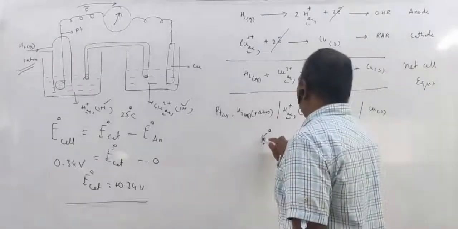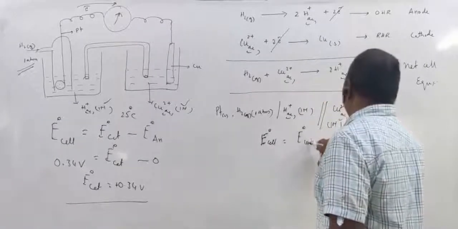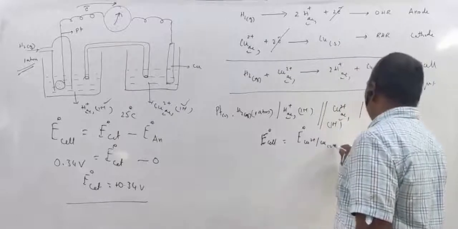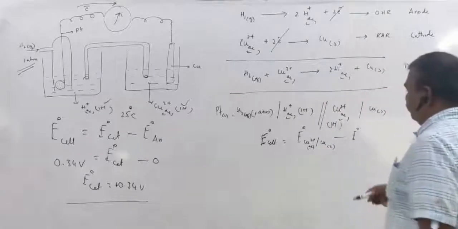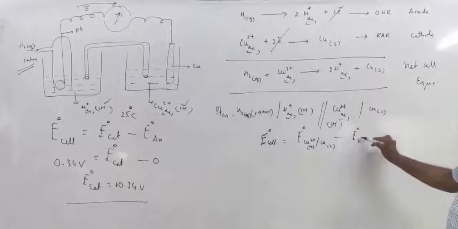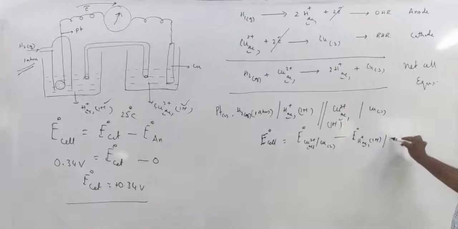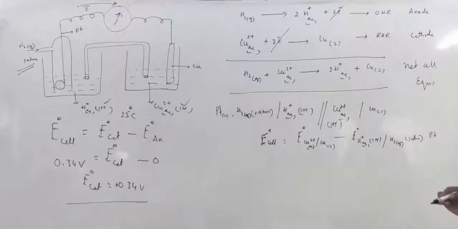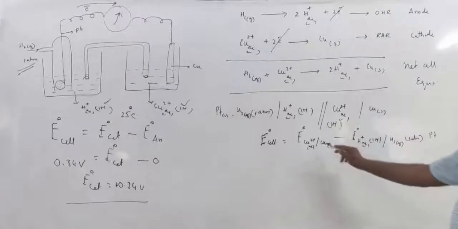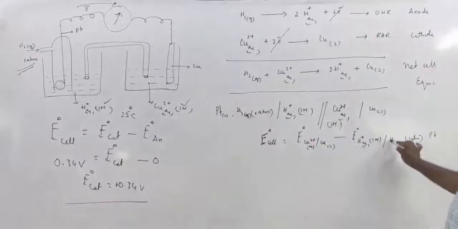Now, E naught cell is equal to E naught cathode, E naught Cu2+ to Cu aqueous solution, minus E naught of H+ ions aqueous 1 molar to hydrogen gas 1 atmosphere, the medium is platinum. Plus 2 to 0 is the reduction potential of the cathode, and plus 1 to 0 the reduction potential of the anode.